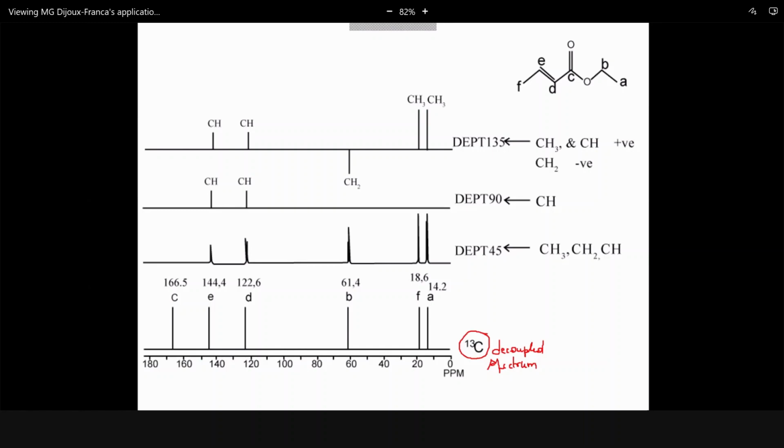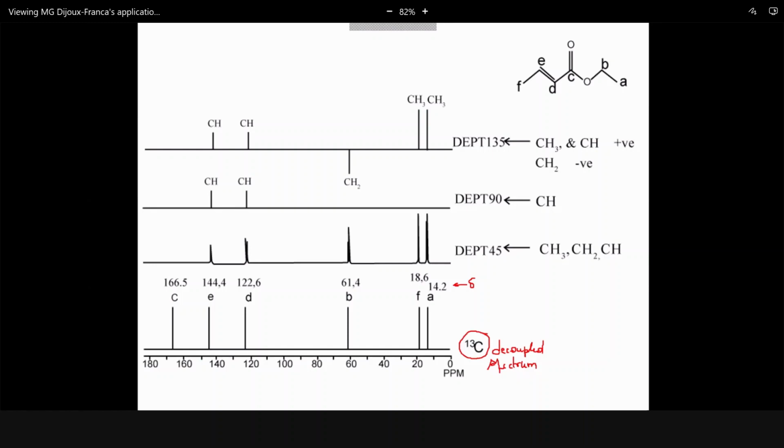I can count. I know 1, 2, 3, 4, 5, 6 carbon in this structure. I can give them a name. And here we wrote the chemical shift. So they are named A, B, C, D, and so on. And these are the values of the chemical shift.